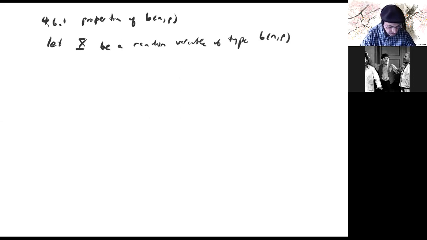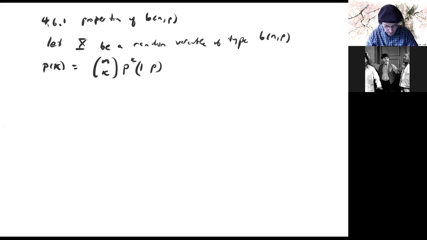Recall that means that the probability mass function is given by P(k) equals n choose k, p to the k, 1 minus p to the n minus k.